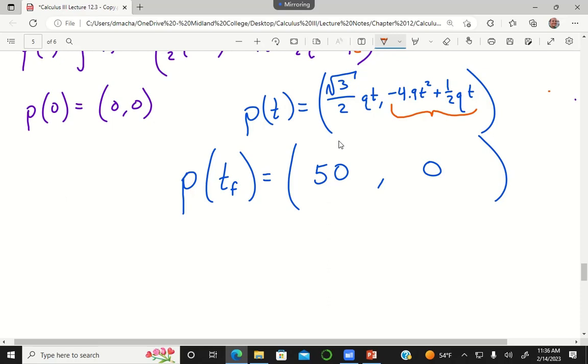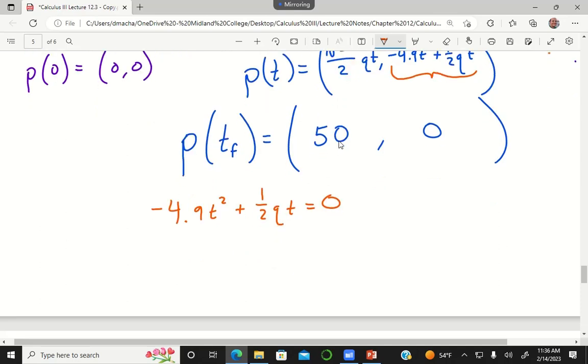So setting negative 4.9 t squared plus 1/2 qt equals 0, let's see what I get. I can factor out a t, and I get t times (1/2 q minus 4.9 t) equals 0.